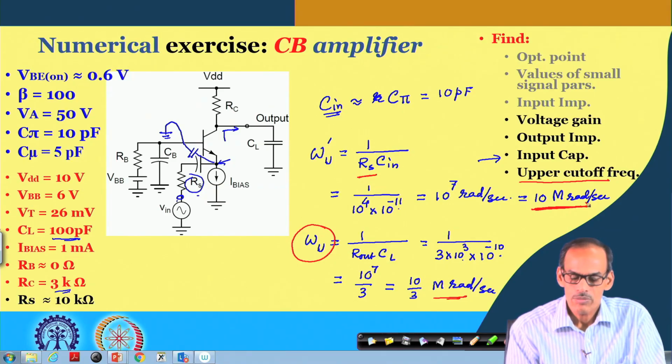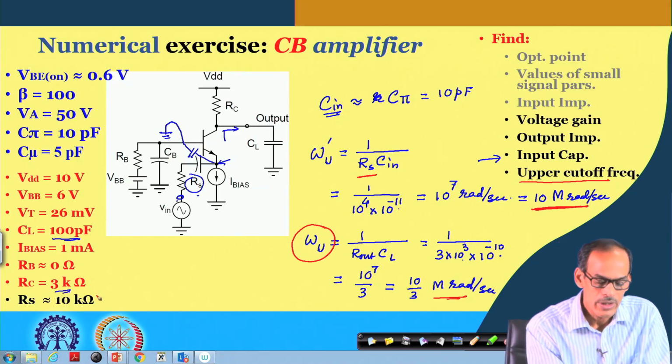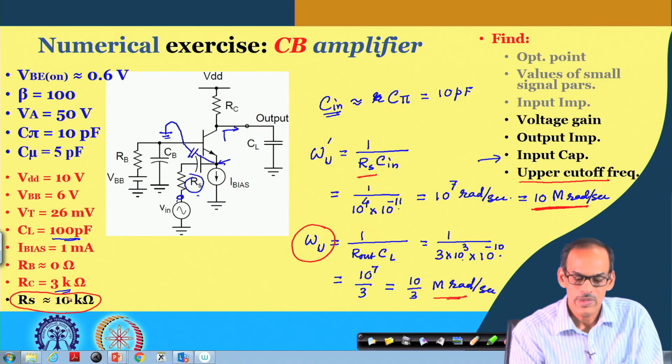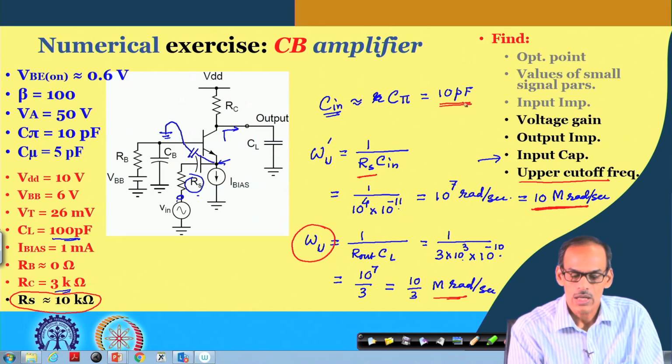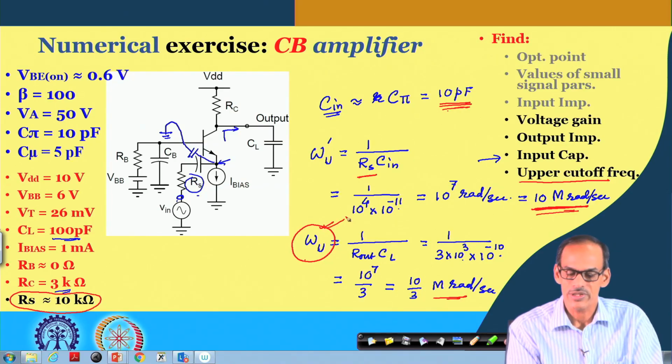So, the bottom line is that even though R s is say 10 kilo ohm, since the input capacitance remains low, unlike the common emitter amplifier where the input capacitance is large, this upper cutoff frequency is still going beyond the other candidate of the upper cutoff frequency here.